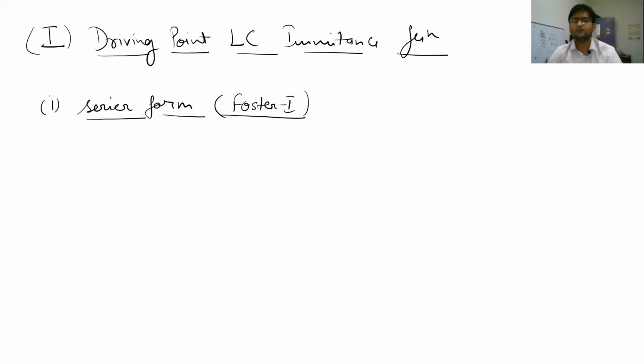So series one form or the Foster one form is definitely going to be an impedance function Z(s), and there is a standard form of this Foster one impedance function for LC networks, and I'm going to write it. So let me take a constant K naught upon S. I'm going to explain why I'm writing such individual components of this network.